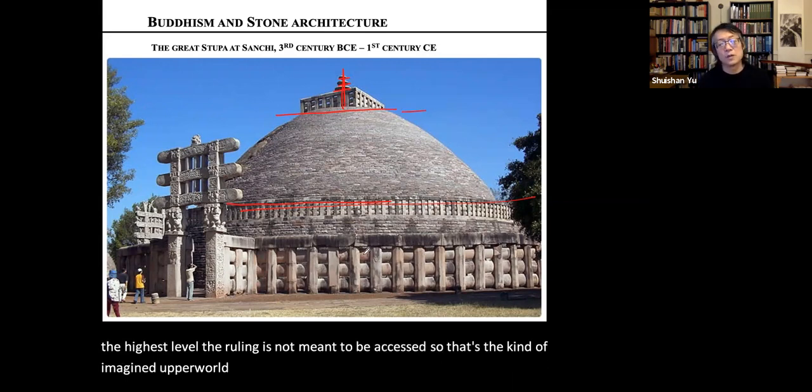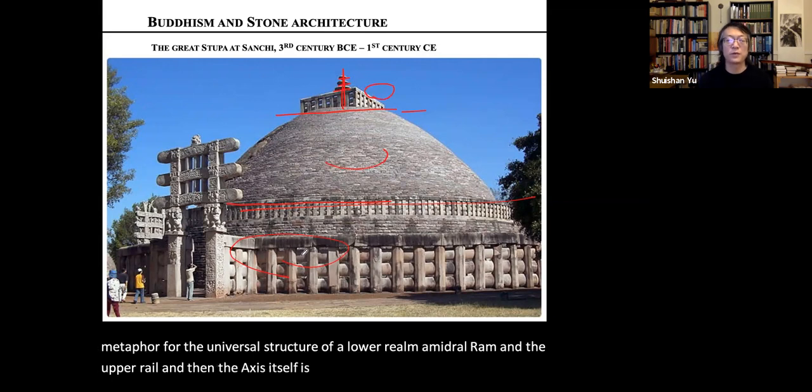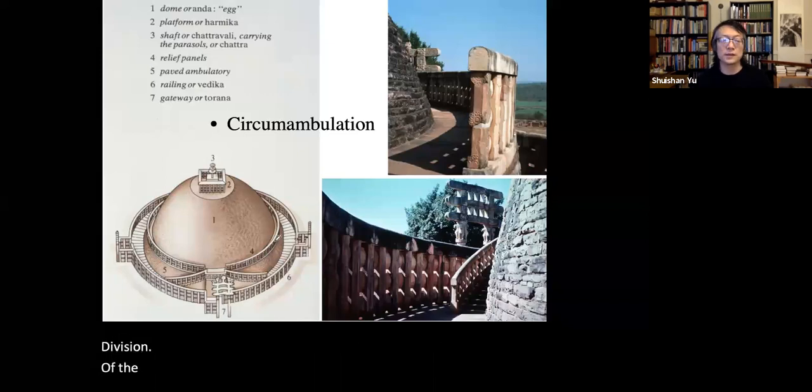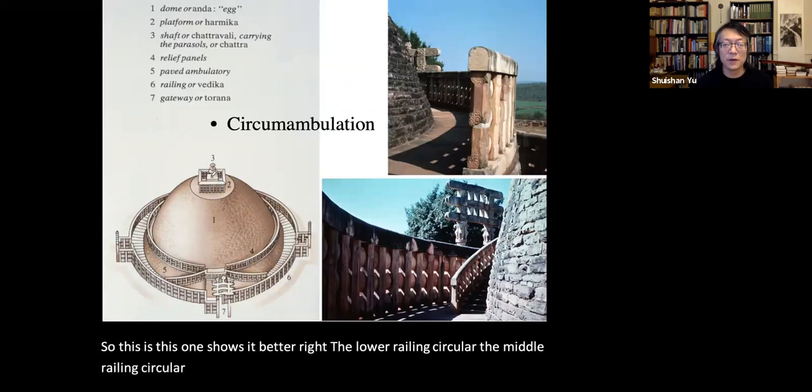So the stupa itself could also be understood as a metaphor for the universal structure of a lower realm, a middle realm, and the upper realm. And then the axis itself is a summarization of that tripartite division of the universe. So this one shows it better, right? The lower railing, circular, the middle railing, circular, the upper railing, square, the axis, three umbrellas.